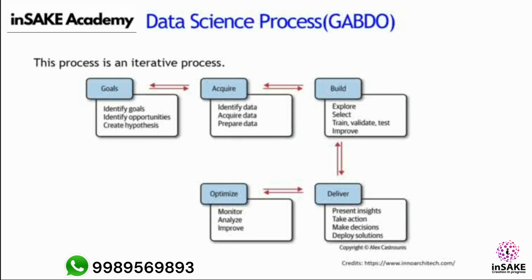You have to understand what the real business problem is, what the use case is, what the problem statement is. Based on that problem statement, if we solve that particular problem, how is it going to impact our business? That is to be considered as a priority. So first is identification of your goals, and then we have to look for opportunities.